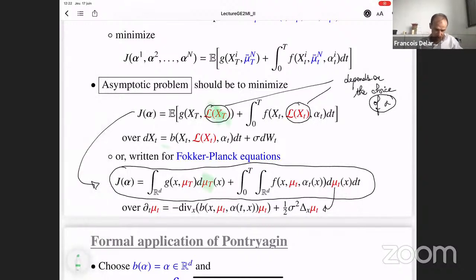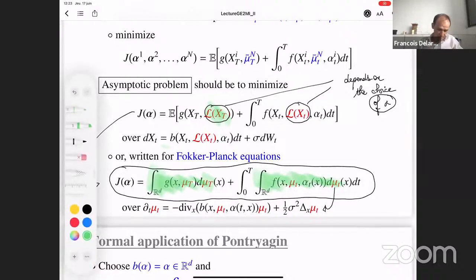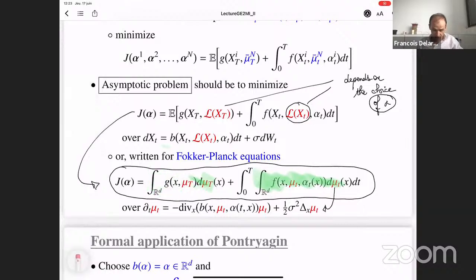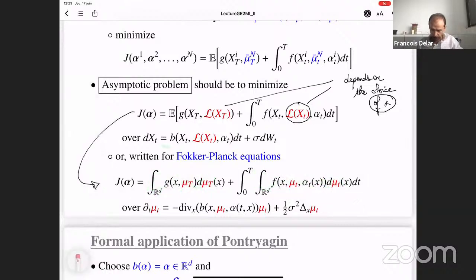And so you rephrase the expectation as an integral over mu t, and the same for the running cost. And so somehow you can regard mean field control as a deterministic control problem, but in infinite dimension, and the state variable lives in the simplex.